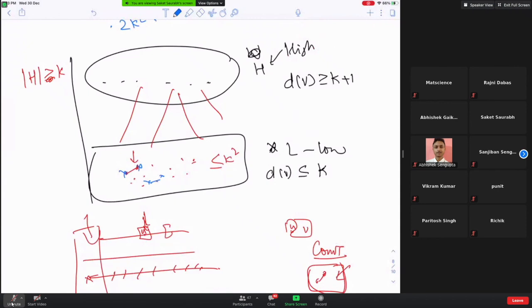Now, you have to be careful. I pick up a vertex and I know its degree.